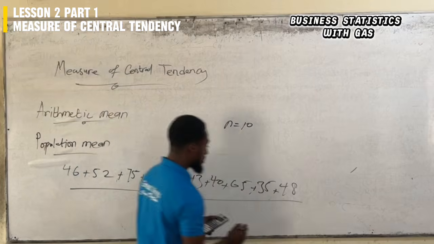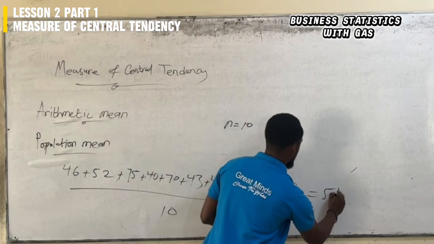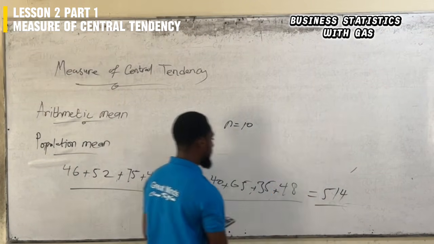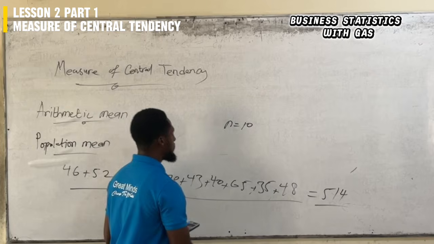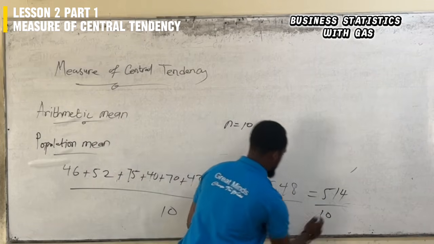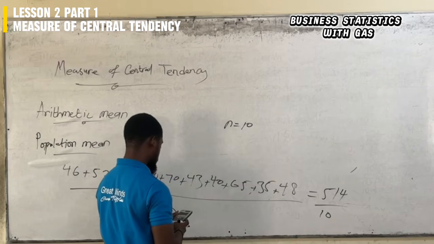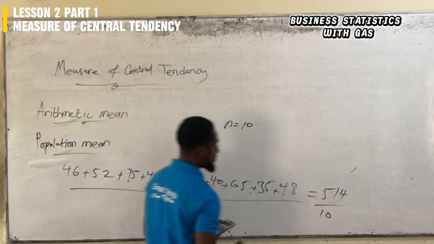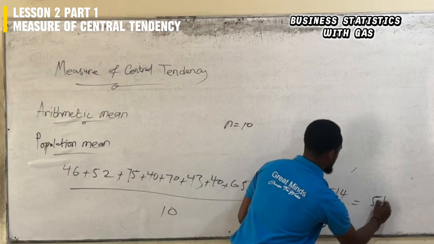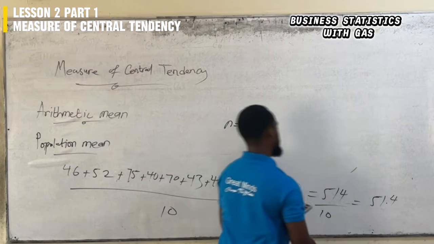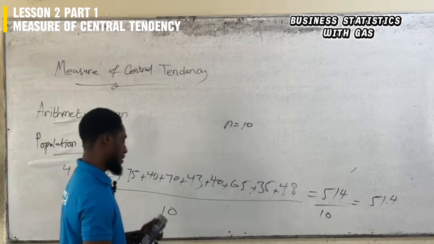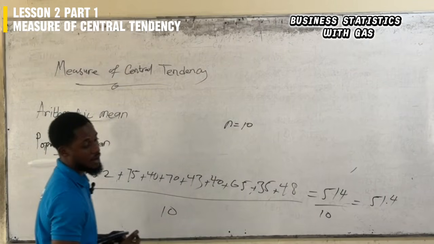When you add, you are getting 514, and you divide this 514 by the number of students, which is 10. So when you divide it by 10, you are getting 51.4, and 51.4 is therefore our arithmetic mean.